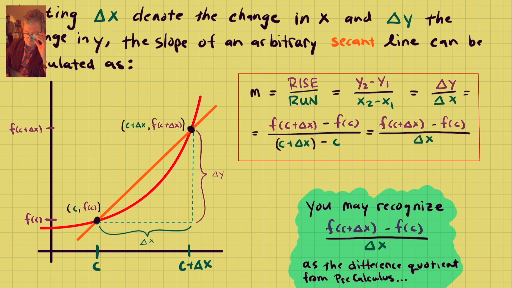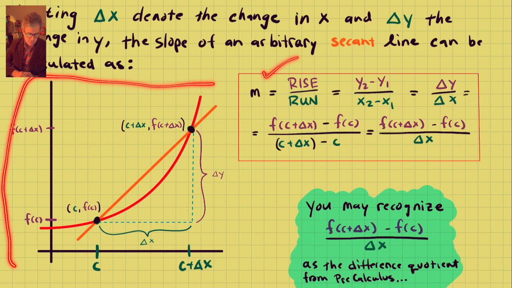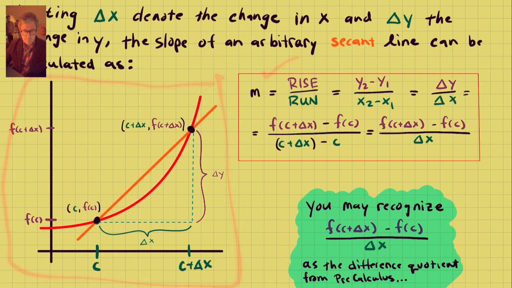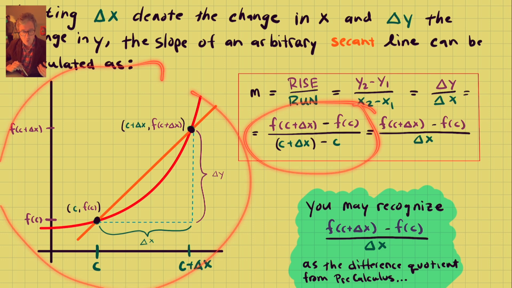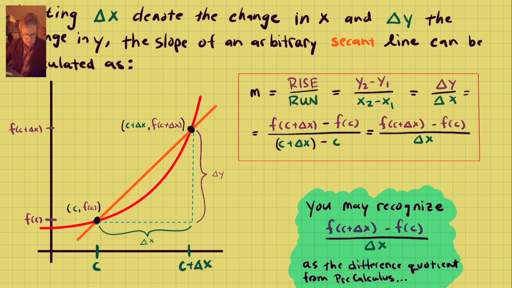All right, so that is the slope in terms of this schematic here. Very important. Get comfortable with this picture. Having comfort with this picture and with this formulation of the slope is going to make the idea of the derivative much more straightforward.